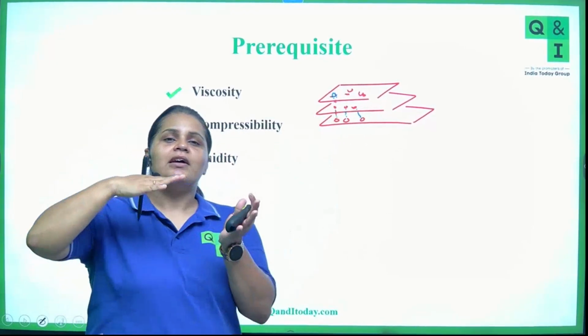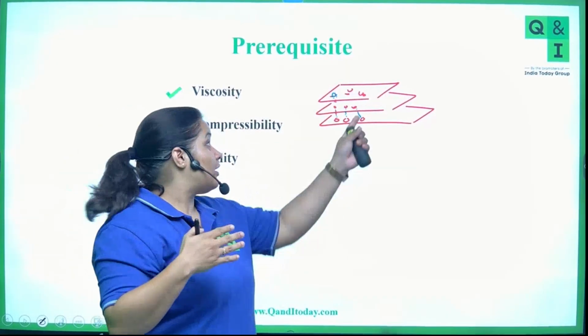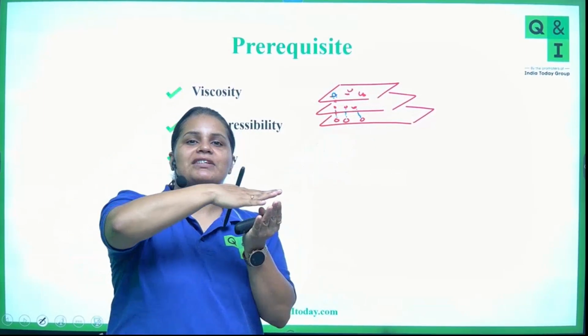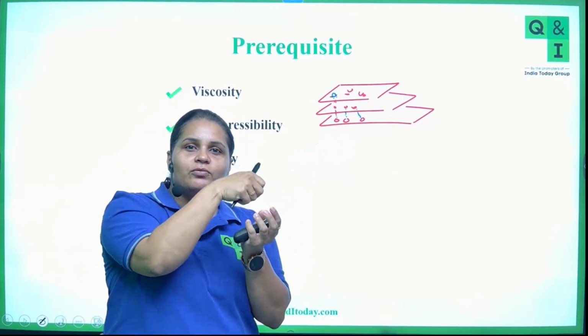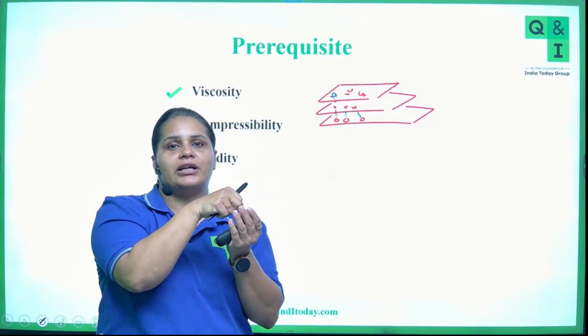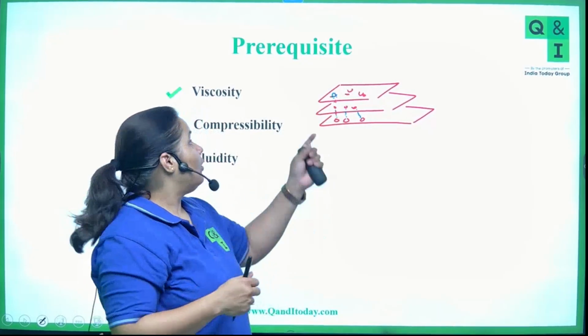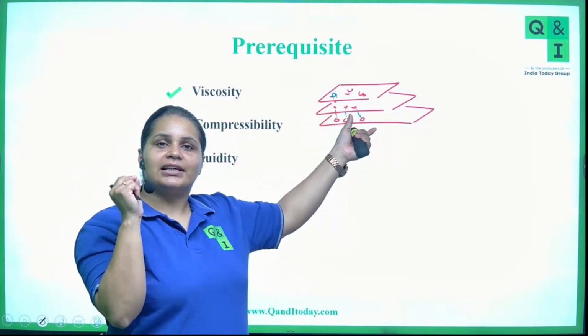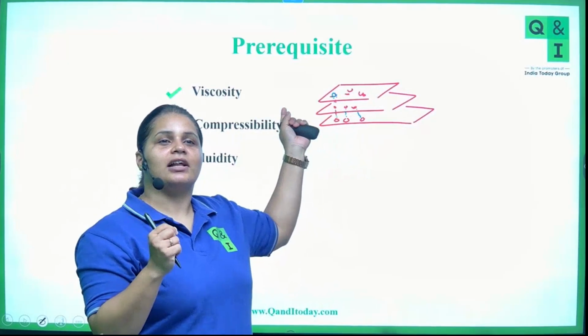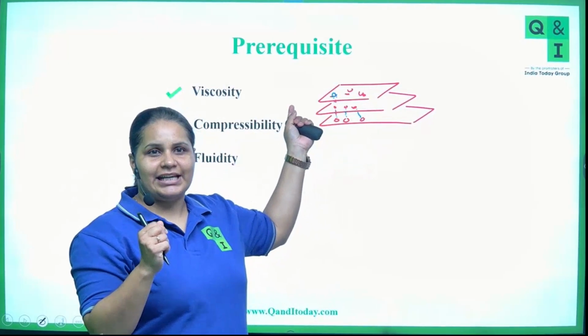So what will happen when they try to flow? During flowing, one layer will slide over the other layer, so there will be resistance. There will be internal friction, right? That causes resistance in the flowing, and this resistance is nothing but the viscosity.